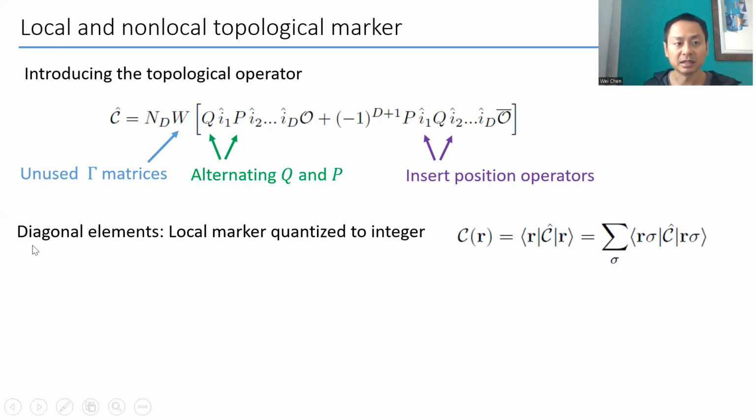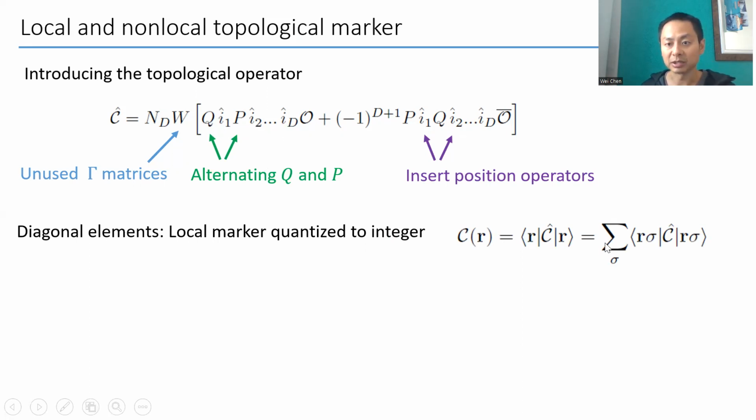And having this, the claim is that the diagonal elements will give you the local markers that are supposed to quantize to integers if you have a homogeneous system. So what I mean is eventually in practice, this operator is a matrix that you calculate from multiplying the projectors to the lattice eigenstates, right?